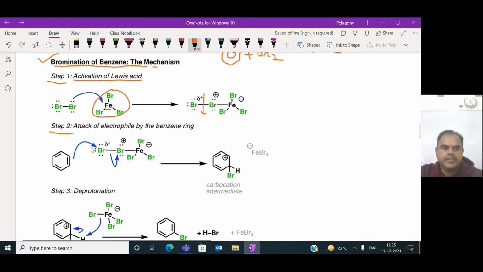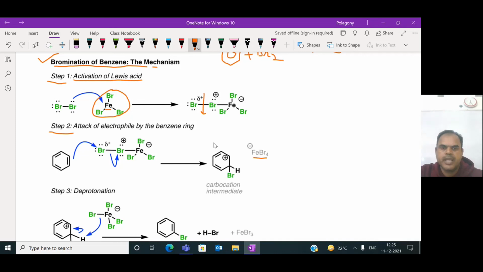Now this bromine is linked to this carbon, and so on the benzene a carbocation is formed. Then FeBr4 minus is produced and the carbocation is formed on the benzene. One bromine is attached to the carbon, the electrophile is attached.